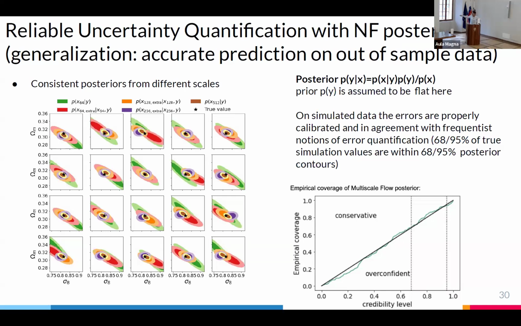All right, so you can see ours here is very close to this line. If it were in this corner, then it would have been conservative. What is often a big problem in machine learning is that machine learning models are overconfident, in which case they are here, in which case you are underestimating your errors, okay? But this model is giving us pretty good results. Okay, so that's good. So we have accurate prediction of our posteriors, we think.